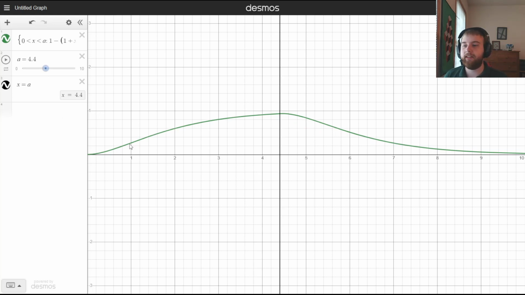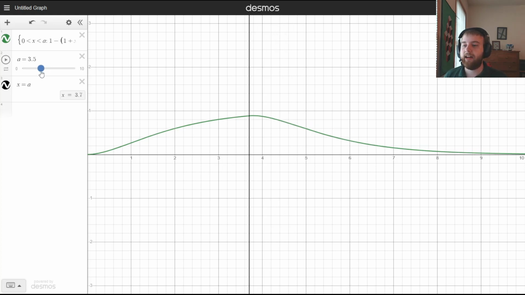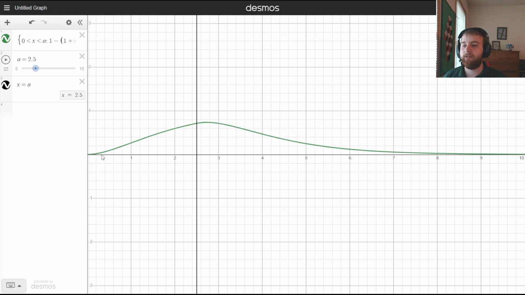The way this situation works is we are putting a force on this from 0 to this vertical line here, and then we are letting go of that force. So it makes sense that it would slowly ramp up, and then the inertia would continue to carry it forward for just a little bit, and then it would continue to go back down as the spring pushes.